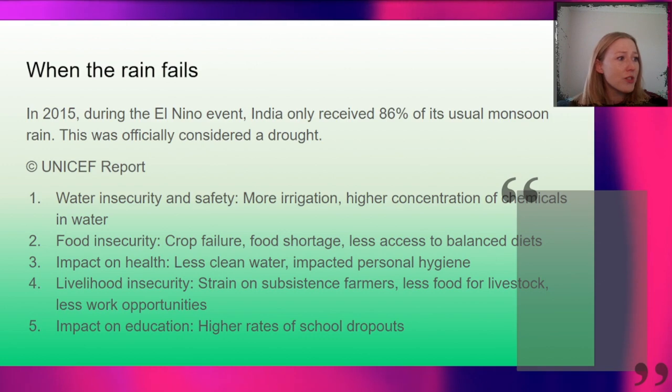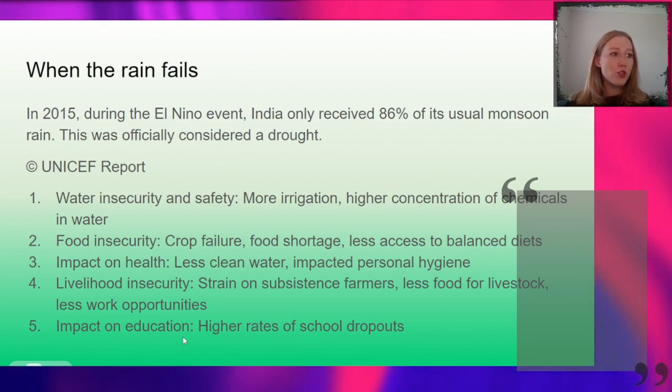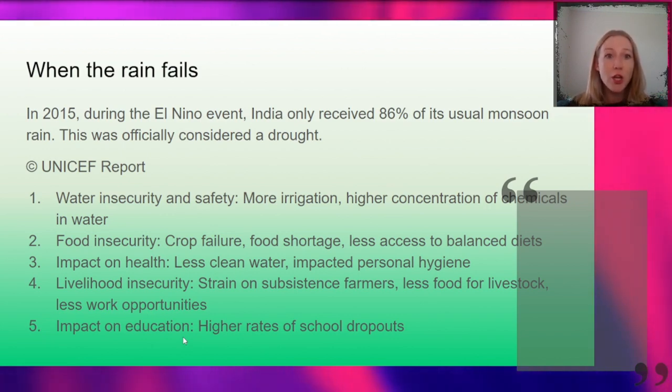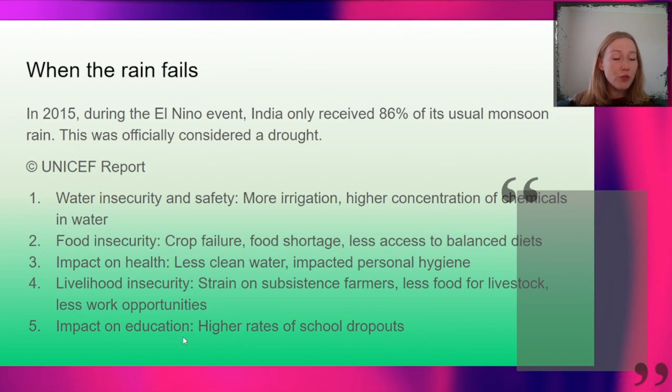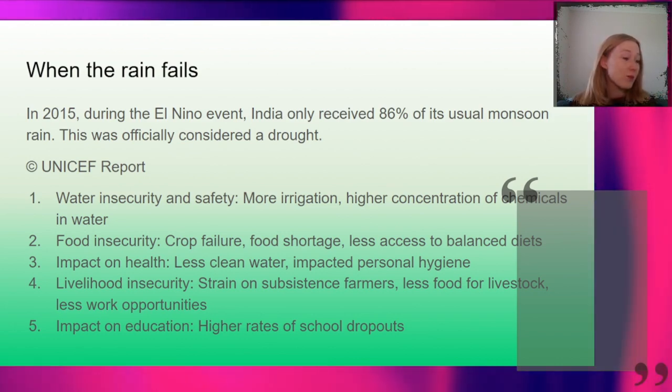And then the interesting thing that I found on top of all of this was that education was also impacted. So, with this strain on families and economies, a lot of children were dropping out of school or staying home so they could try to help out. And I'm sorry, all kids need to be in school.